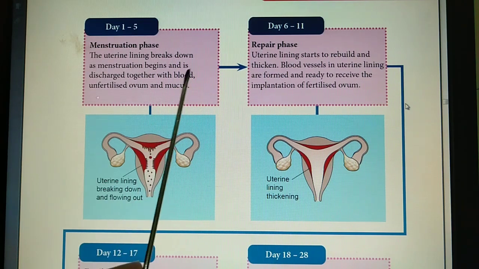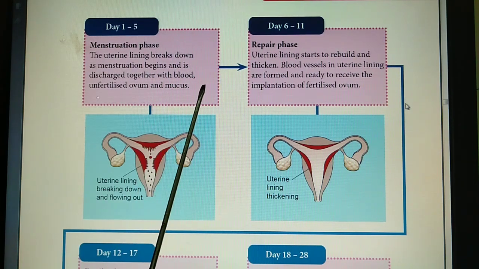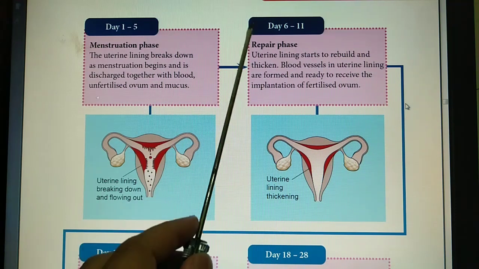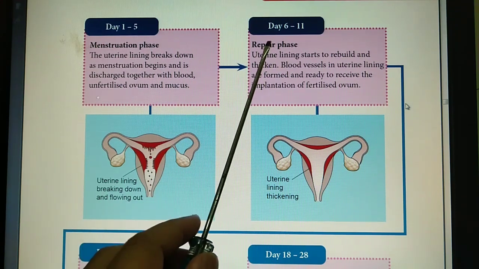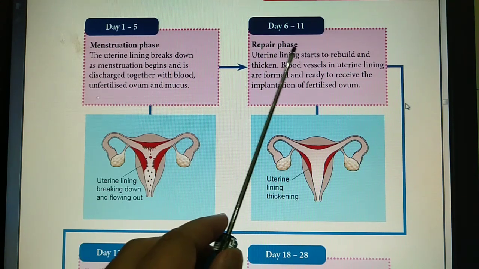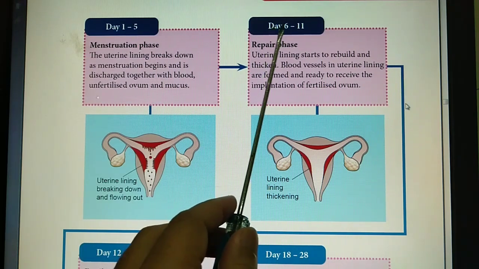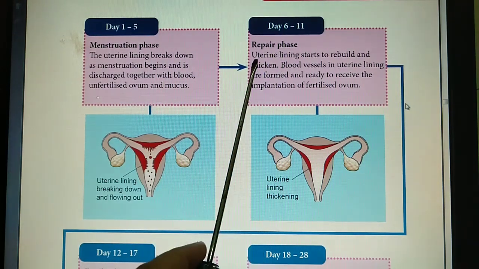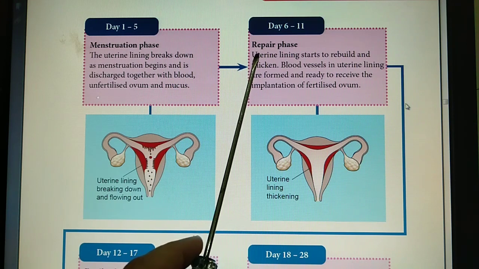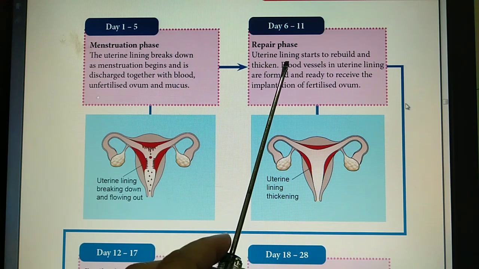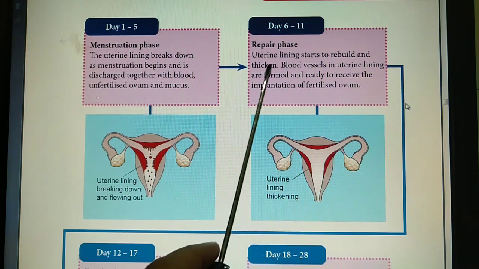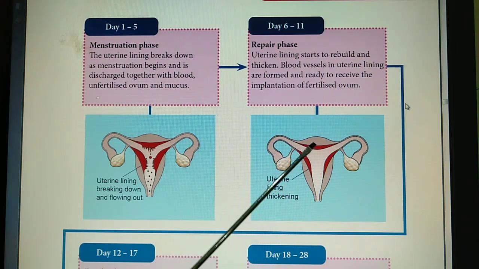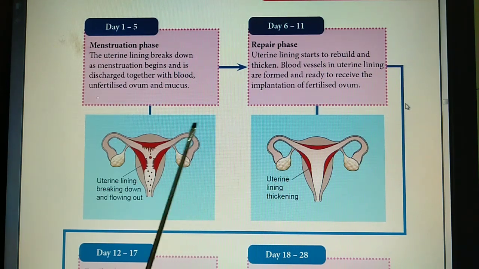After the blood flow is finished, it will enter into the second phase, that is the repair phase, that will take about 6 days. So what exactly happens during the repair phase? The uterine lining starts to rebuild and thicken. If we come back to the first phase, all the uterine lining will break down.